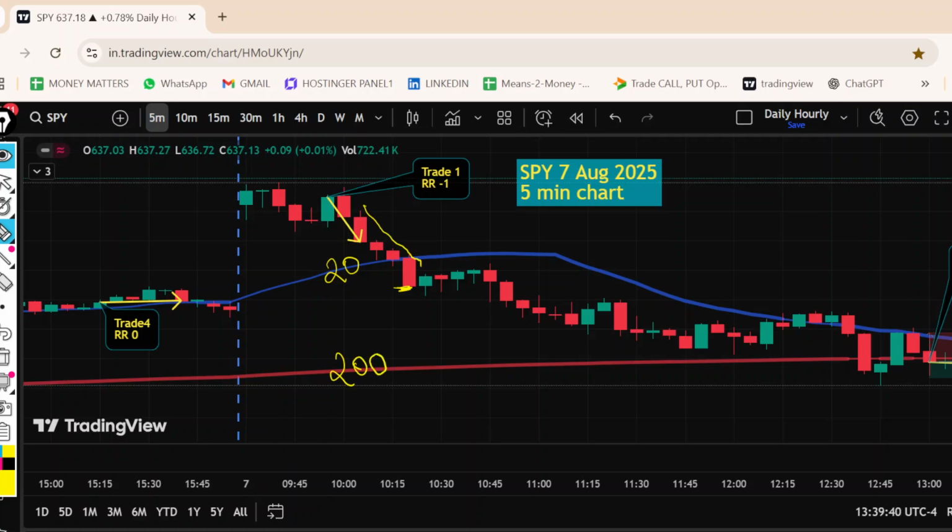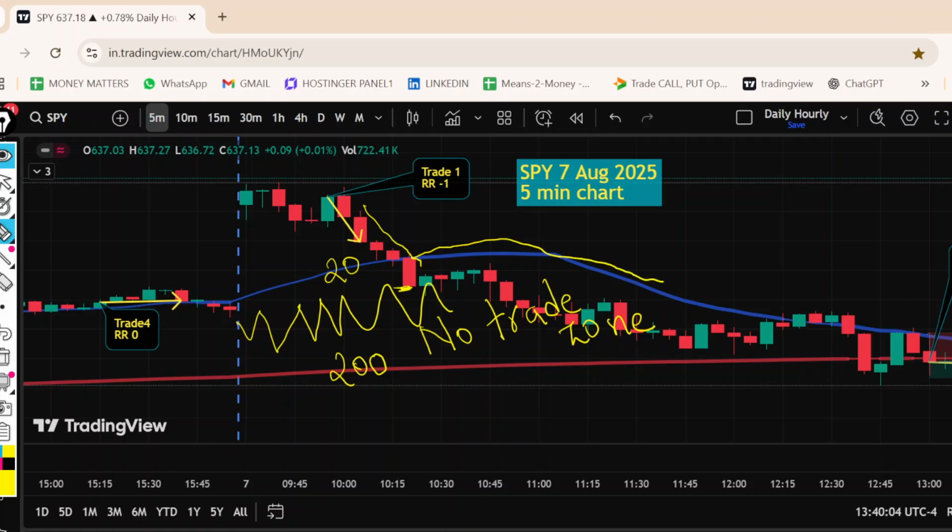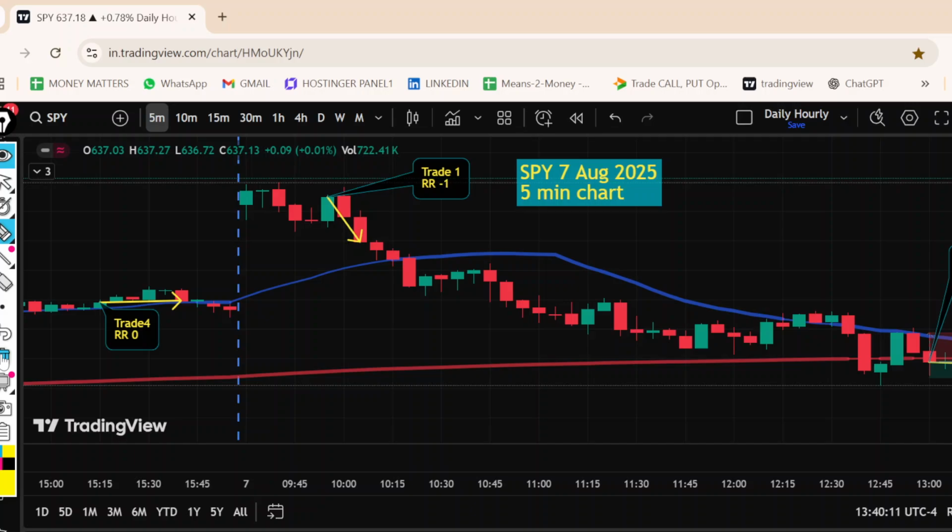From the strategy front, we know that if the market stays in between the 20 and 200, it is a no trade zone for us. So as on 7th August, from this candle the market has been in the no trade zone until it comes out on this candle. So we won't take any trade from here to here.